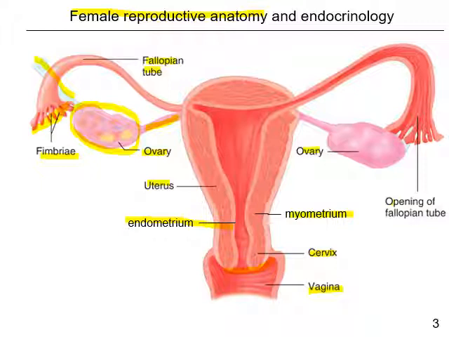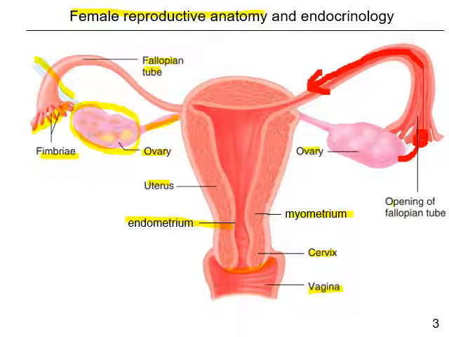So when an oocyte is ovulated from an ovary, we're going to get to that in a few minutes, it is picked up by the fimbria and then propelled by cilia that line the fallopian tube.